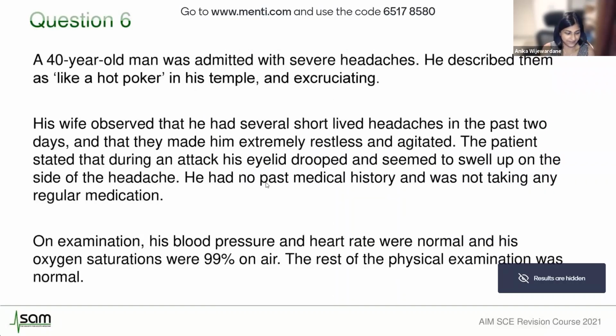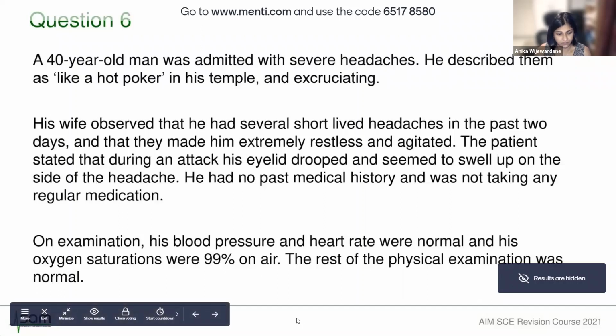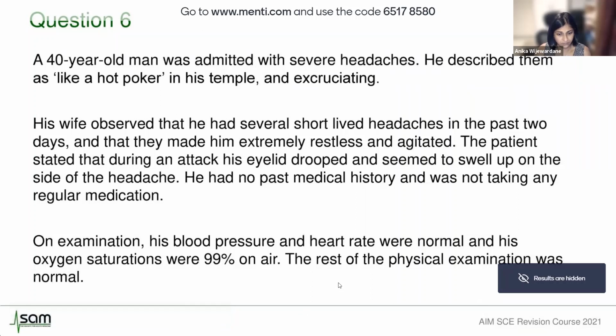Okay, question 6. Okay, so relatively young man, severe headaches, describes unilateral excruciating pain associated with eye signs.